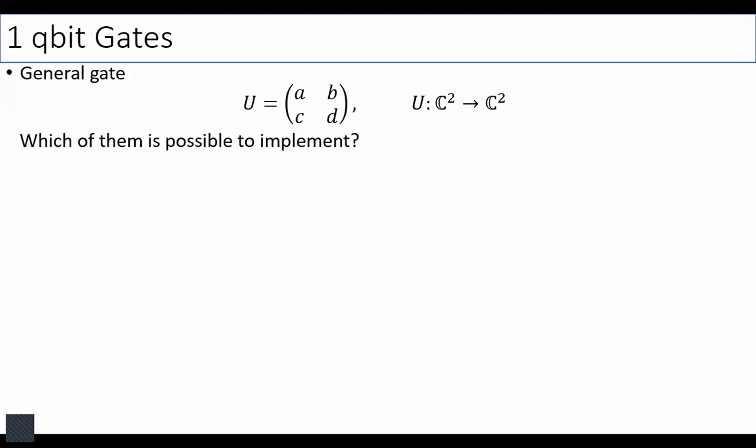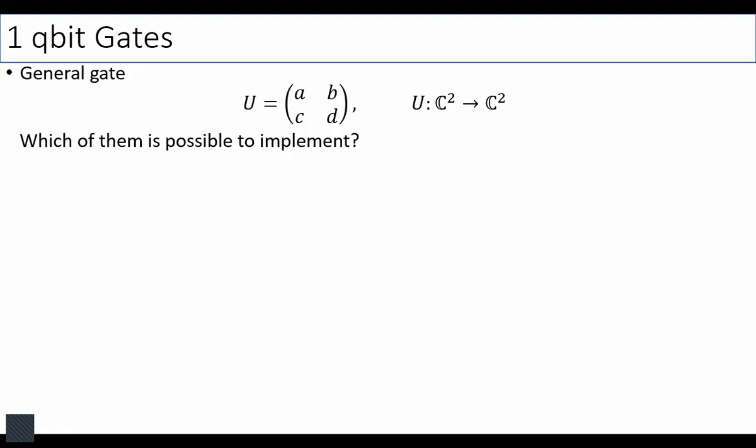Long story short, there is a relatively small set of 1 and 2 qubit operators such that if you implement them, then as a composition of them you can implement any 1 or 2 qubit operation.